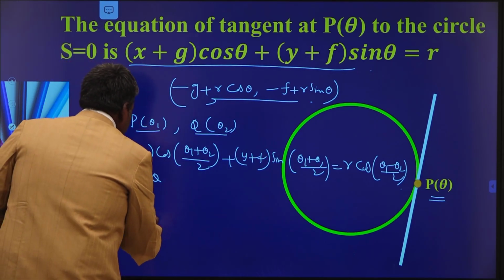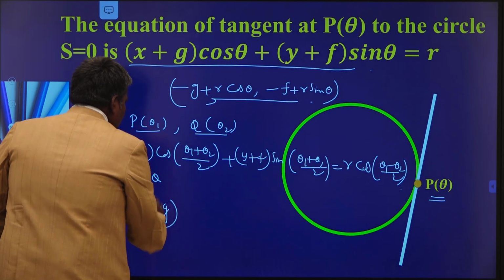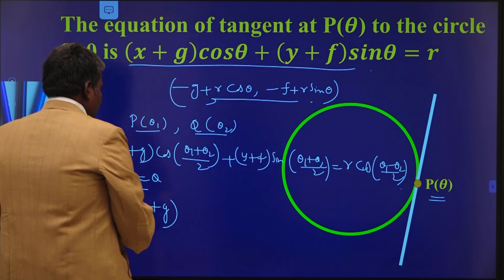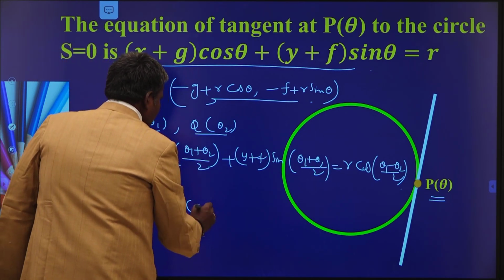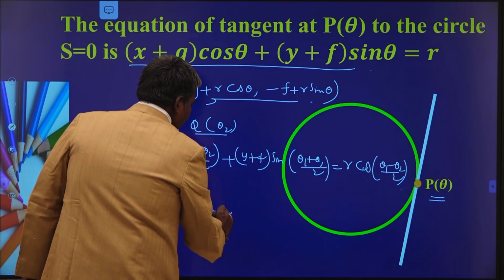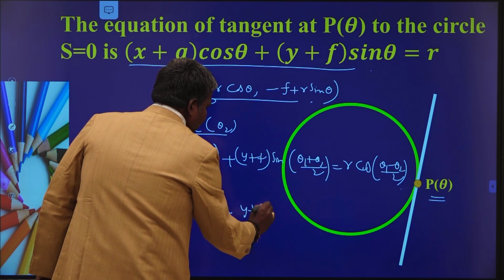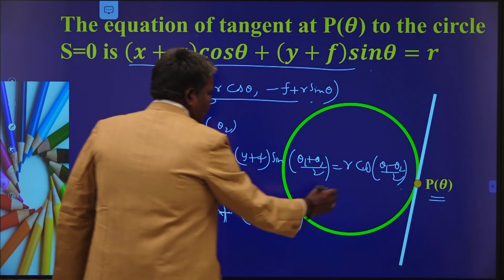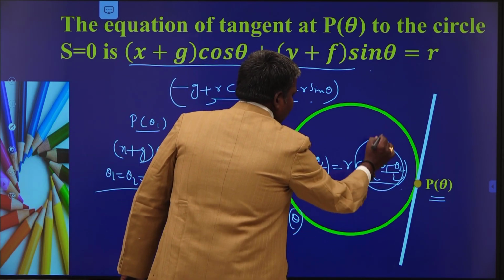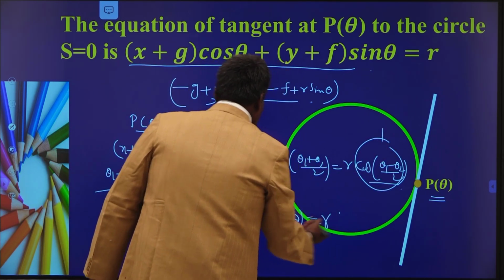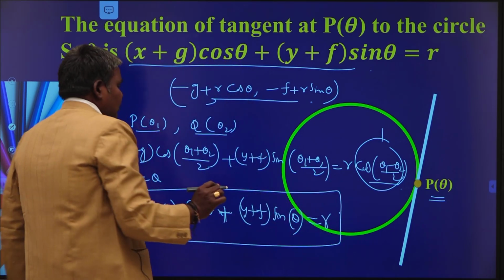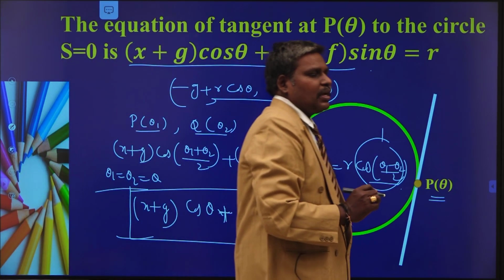The chord equation becomes the tangent at the point to the circle: (x plus g) cos of 2 theta by 2, that is theta, plus (y plus f) sin of 2 theta by 2, that is theta, times cos 0. What is the cos 0 value? 1, is equal to r. So in this manner we can derive this equation of tangent at P of theta.